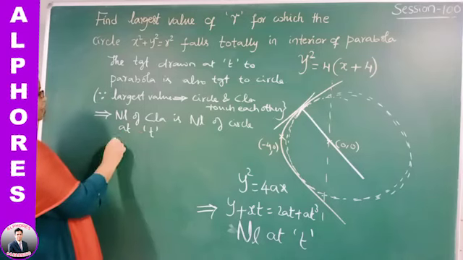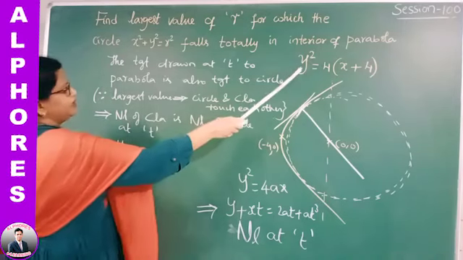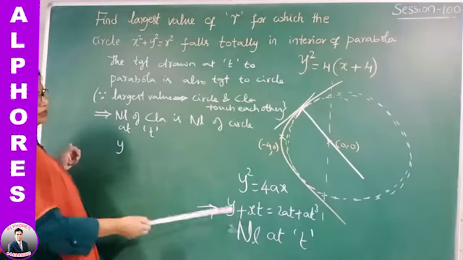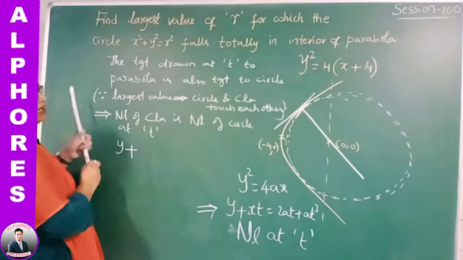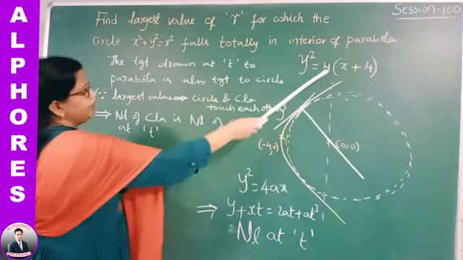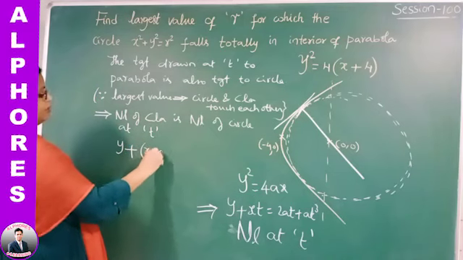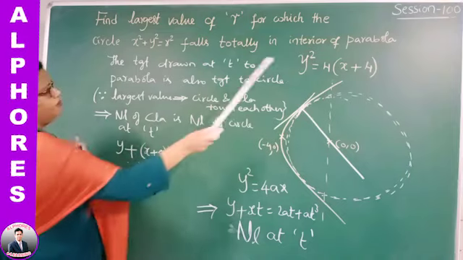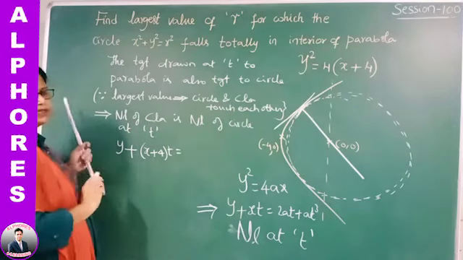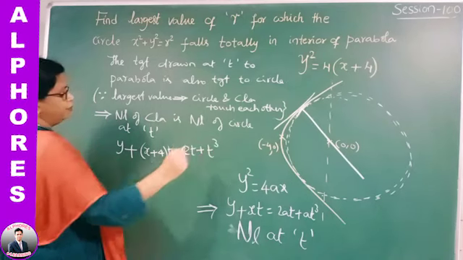Now the normal: y, you have y square here, here also y square, so no change in y, it is as it is, plus x value, just replace x by x plus 4, so x plus 4 into t equal to 2at. What is our a value? 4a is 4 implies a is 1, so it is 2t plus t cube, right?